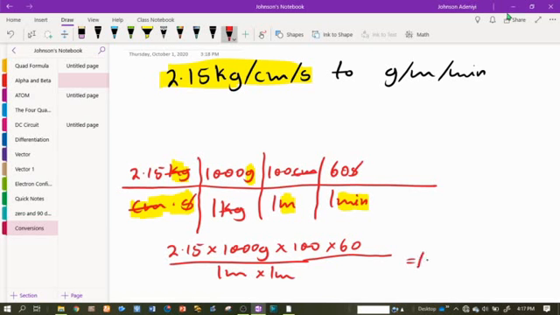And that is equal to, let's write it in standard form, 1.29 times 10 raised to the power of 6 gram. So remember, this is minutes.